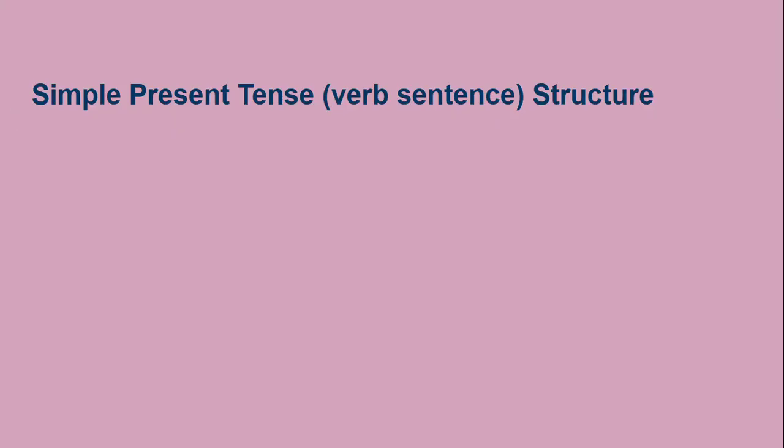Remember, a verb sentence is a sentence that has a real verb in it, as I have explained in the video before this one. Okay? So let's look at that structure. Let's look at the positive verb sentence, meaning a positive sentence, the one that is not negative.